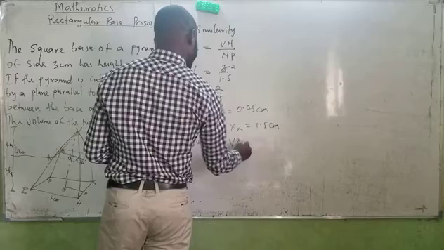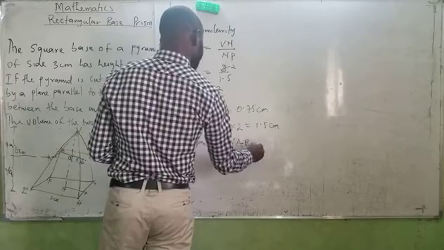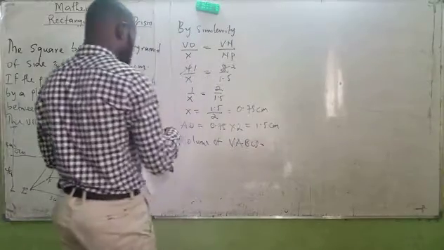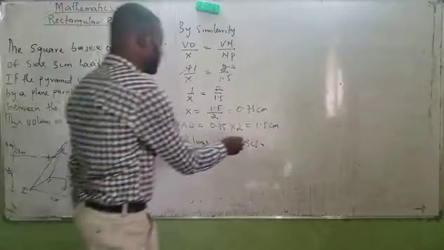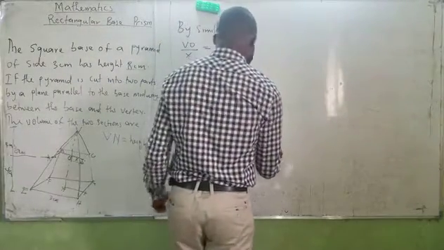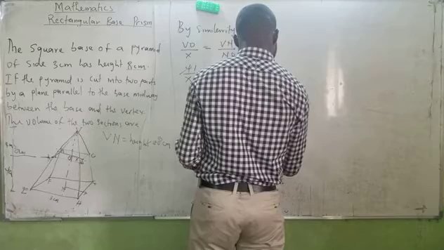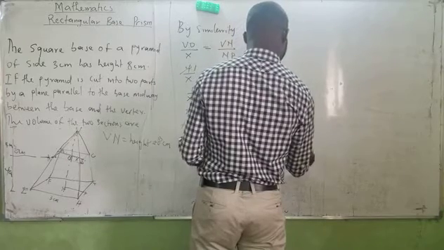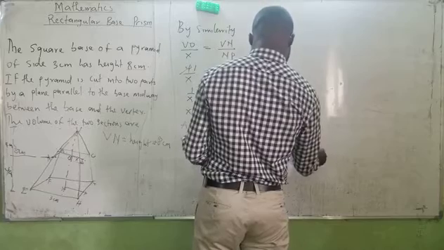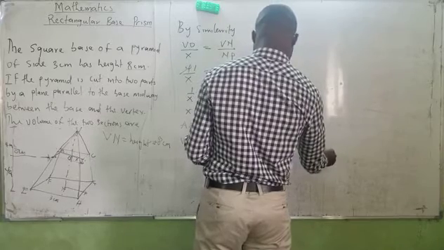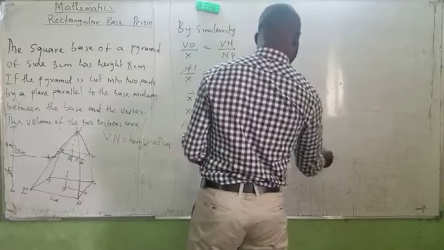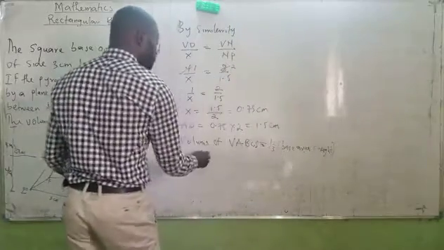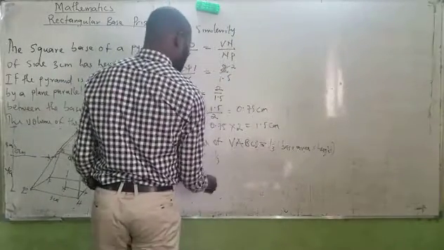V, A, B, C, D will be equals to, now we all know that volume of a pyramid is given as 1 all over 3 of base area multiplied by height. What's our base area?